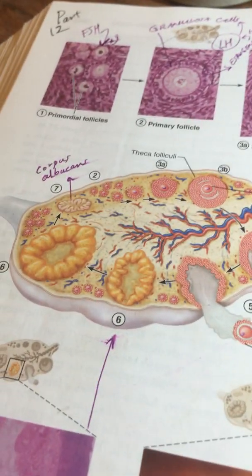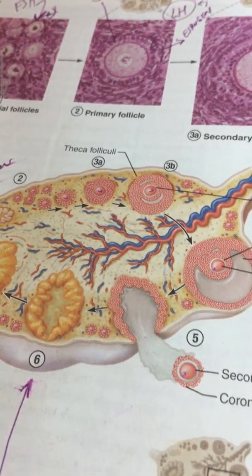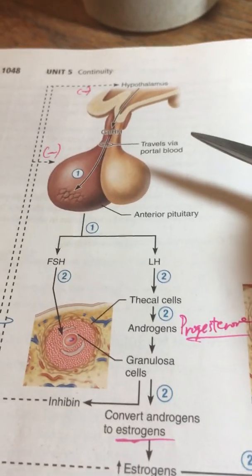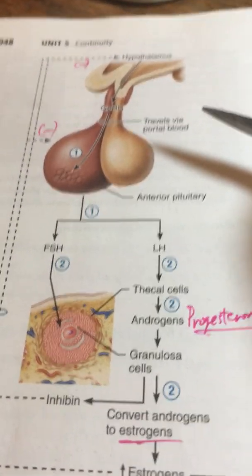Okay, so that's that story, and you can review that a little bit. We're going to be having a table coming up pretty soon that tells us much more about this.